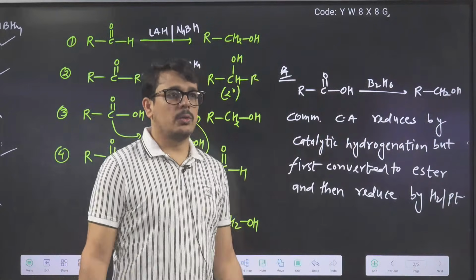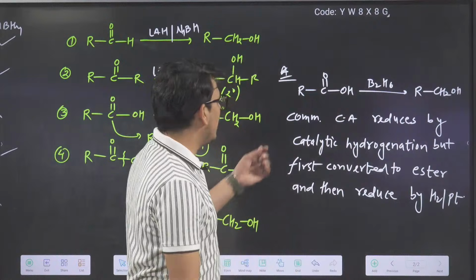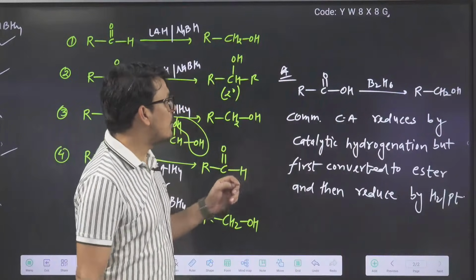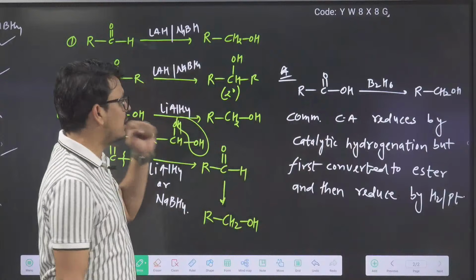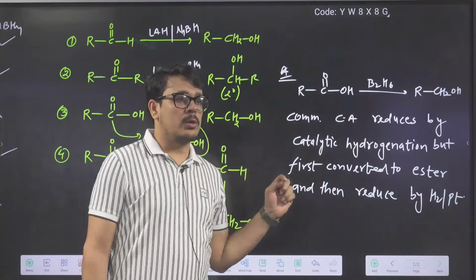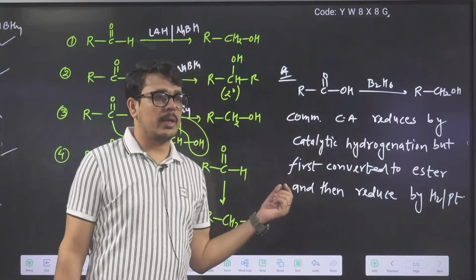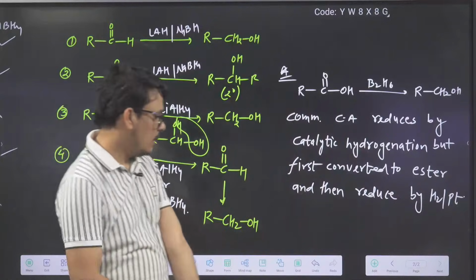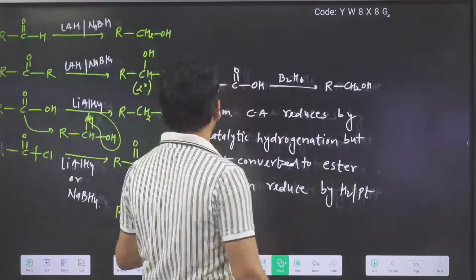Clear to everyone? What I am saying here, commercially, if someone asks how carboxylic acid is reduced, then we have two choices for carboxylic acid. Either we can use LiAlH4, or which one also? Ester cannot be reduced by NaBH4. No, ester cannot be reduced by NaBH4. Clear?